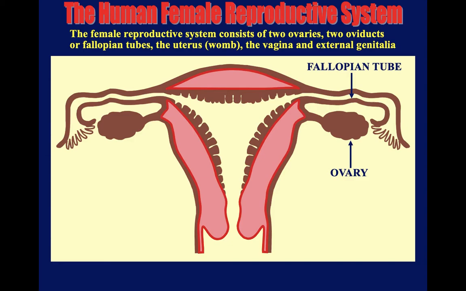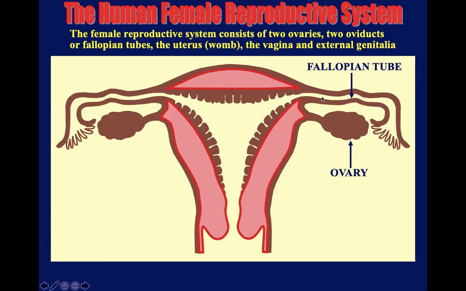Once eggs are released from the ovary, they start traveling into this tube called the fallopian tube. That bit is called the fimbria, by the way, this fringy bit, and it provides a connection between the pathway for the egg to start traveling into the fallopian tube.